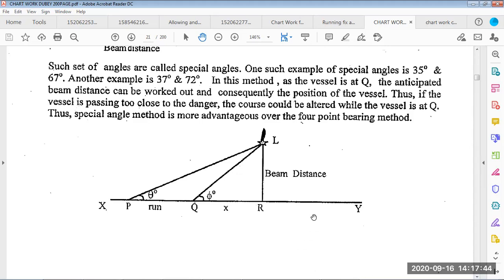When the vessel is at Q, the anticipated beam distance can be worked out. Once the vessel is at this angle, like here at 72 degrees, the beam distance can be worked out, and the bearing we know, so we can plot the vessel's position like previous methods.